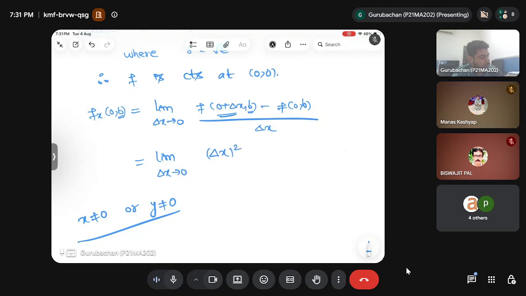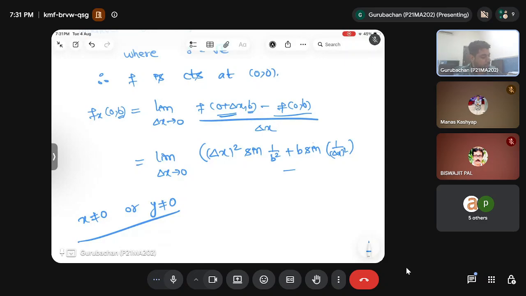So this will give you sine 1 by b square plus 0, as y is 0 minus, sorry, it should not be 0, it should be b sine 1 by delta x square. I think there is something wrong in this question, because still we will get some error. Let's see. When you put f(0,b), you are taking x to be 0, then which function will you choose?